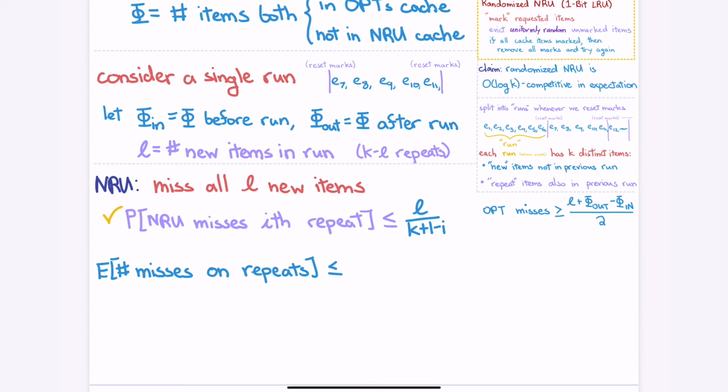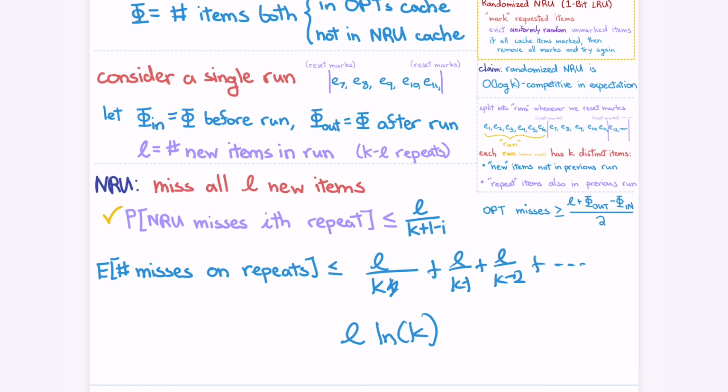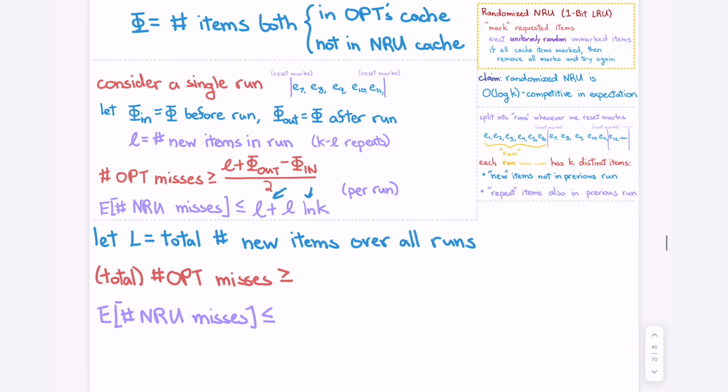So you start getting something like L over K plus L over K minus 1 plus L over K minus 2, and so forth. And so you get L log K. Okay. All right. Good.